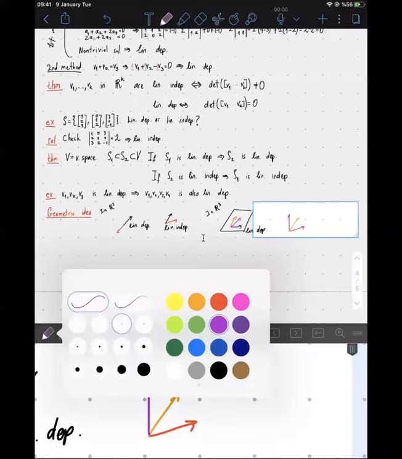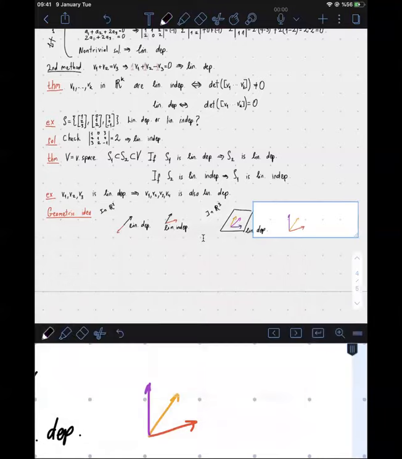Okay, then let me use my black one. Okay, so I'm giving the illusion of three dimensions. So if they don't lie on a plane, then those vectors are linearly independent.